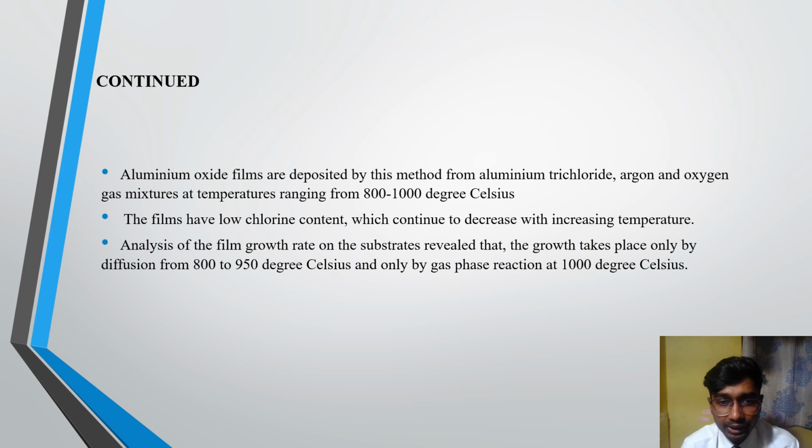The film growth rate on the substrate indicates that growth takes place only by diffusion from 800 to 950 degrees Celsius and also by gas phase reaction at 1000 degrees Celsius.